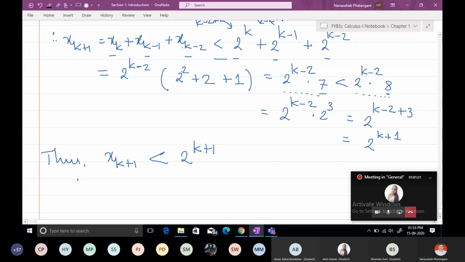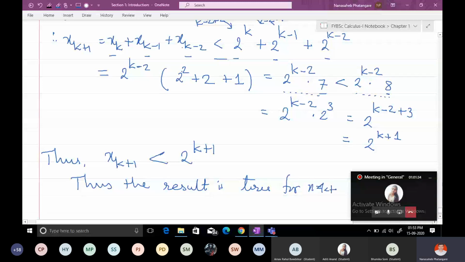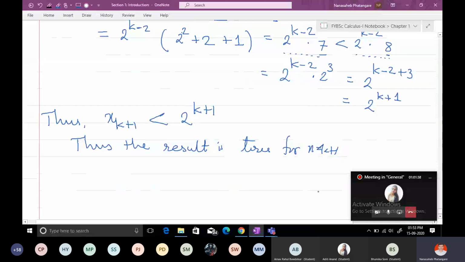Thus the result is true for n equal to k plus 1, and we proved this using the induction hypothesis. Hence x_n is less than 2 raised to n for all natural numbers.